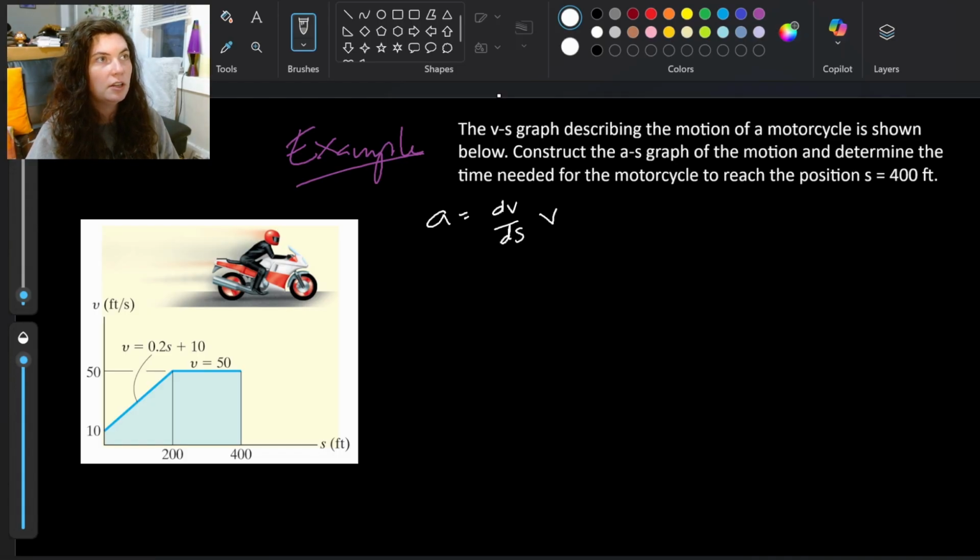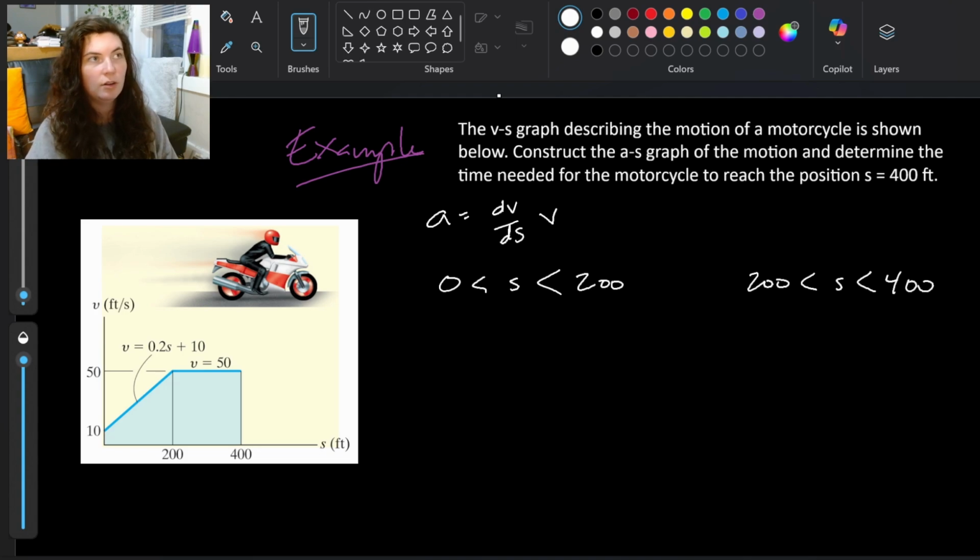Just like in our last problem, we have these two intervals: from 0 to 200, and then from 200 to 400. Again, we're looking at position now, but still with two separate intervals to look at from that graph on the left.